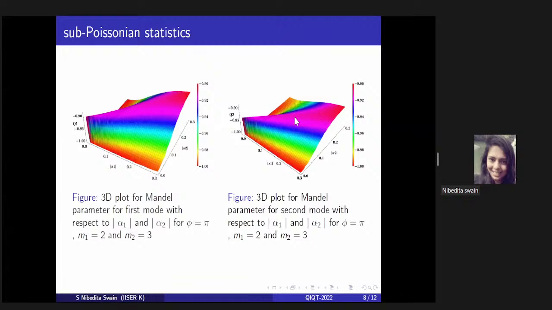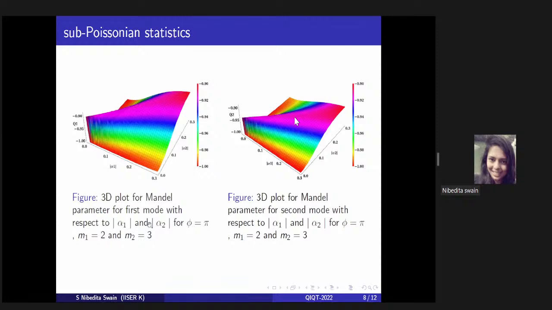In order to understand sub-Poissonian statistics, we first have to calculate the Mandel parameter. If the Mandel parameter is negative, it is sub-Poissonian statistics. If the Mandel parameter is positive, it is super-Poissonian statistics, and if the Mandel parameter is 0, it is Poissonian statistics, and the coherent state follows Poissonian statistics.